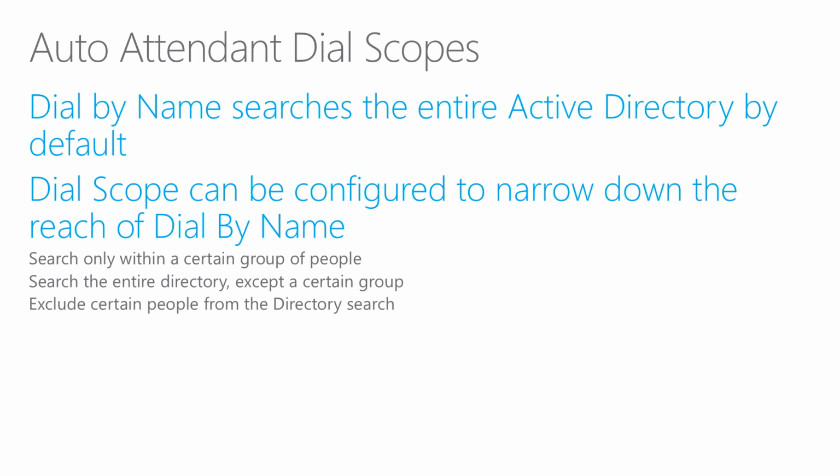So let's say you want to exclude certain people. Maybe you want to exclude the board of directors. You can do that to either search within a certain group of people or exclude a certain group of people. With this, you should be able to deploy this and exclude the people you don't want to have found using directory search.